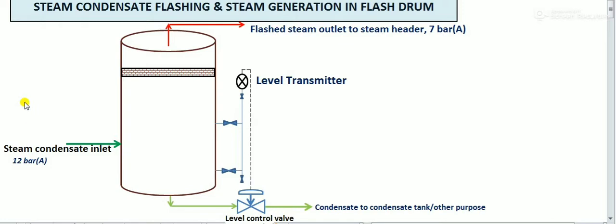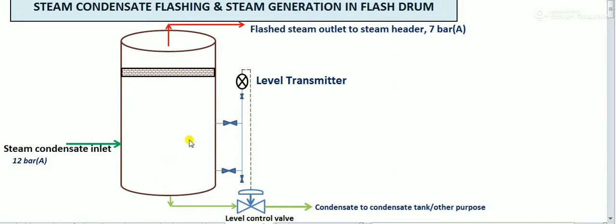So what will happen? Whatever is in the liquid will be converted into vapor form, because it is introduced from high pressure to low pressure. So vaporization will take place. The vaporized part goes to the top, and the liquid settles down and goes to the liquid section.